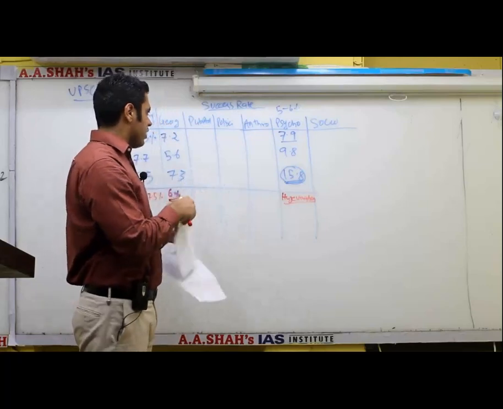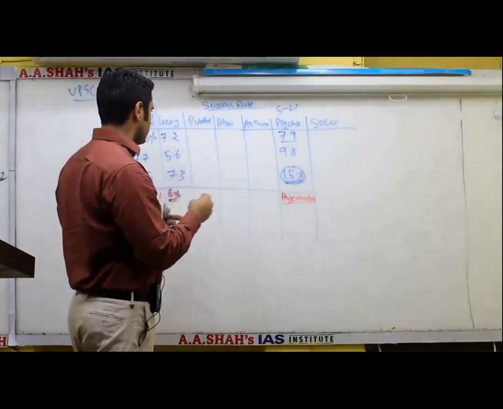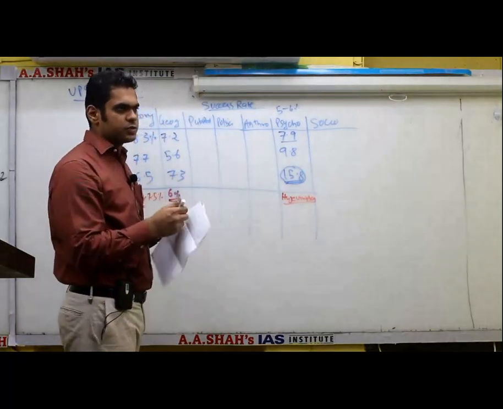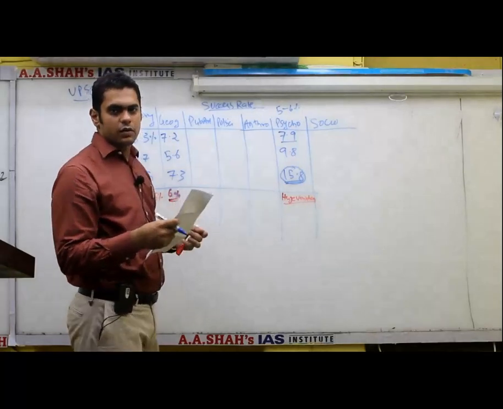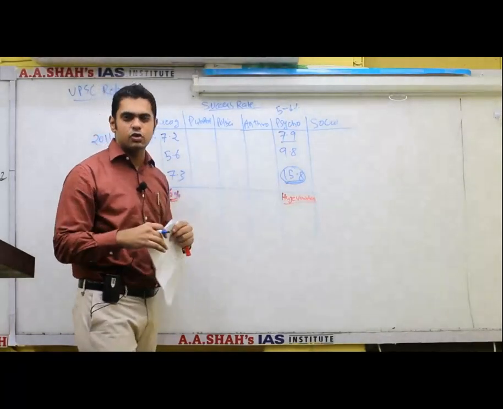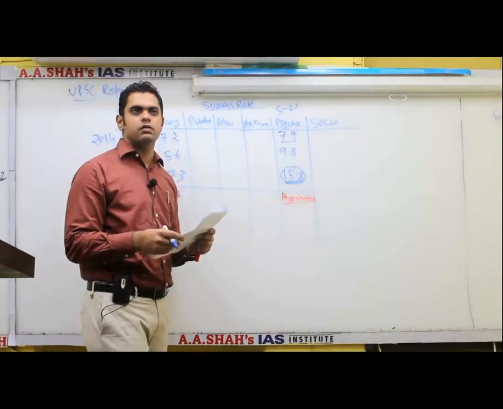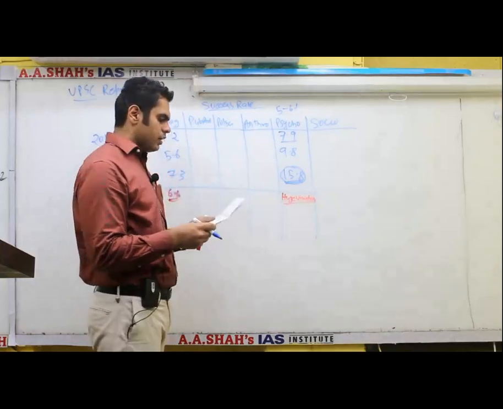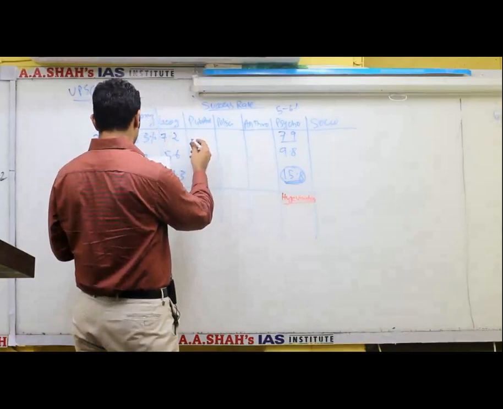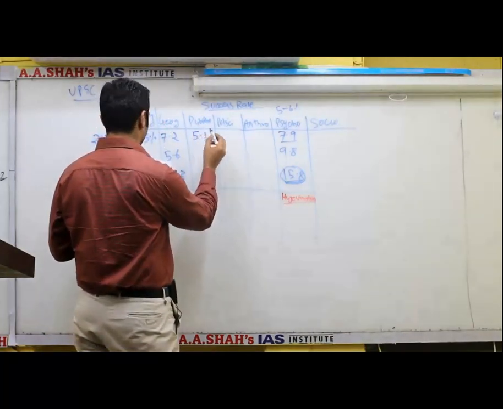Then, moving on to public administration. Public administration was a very, very popular optional till 2011 because the syllabus is very short and it is directly linked to the administration part. So many candidates used to take public administration as the optional. But we'll see the trend in the last 3 years. In 2014, public administration had a success rate of 5.1%.